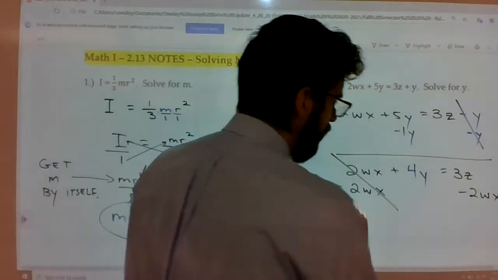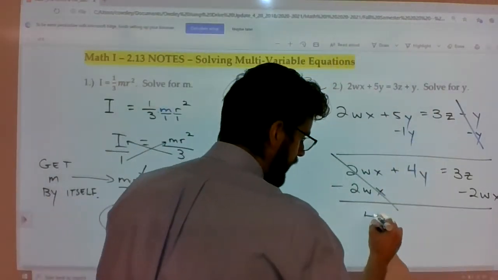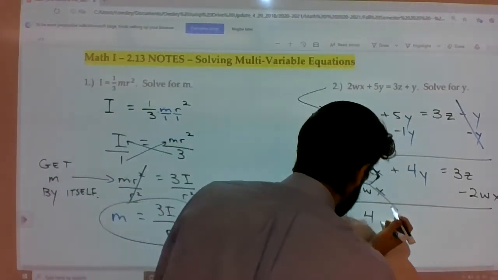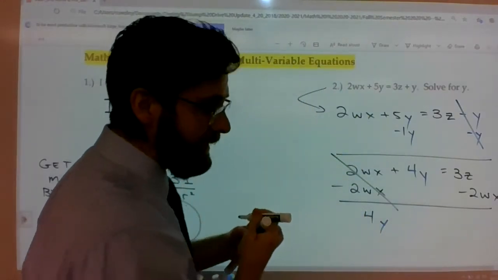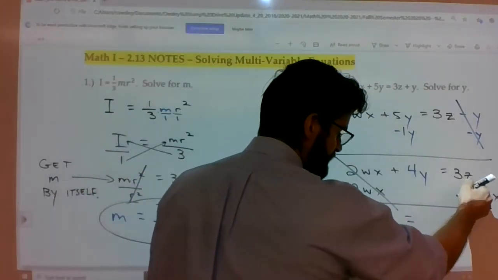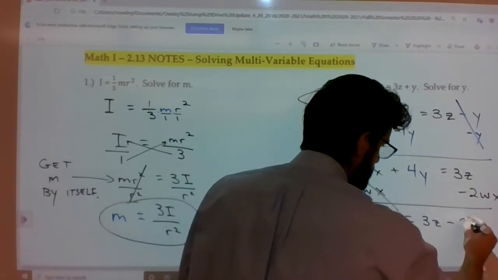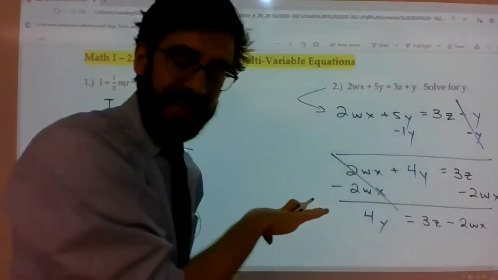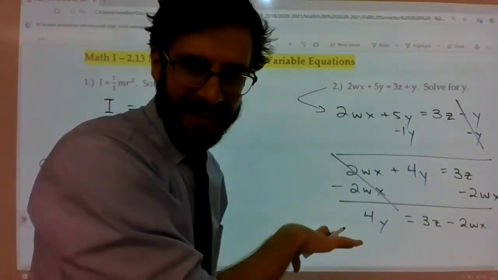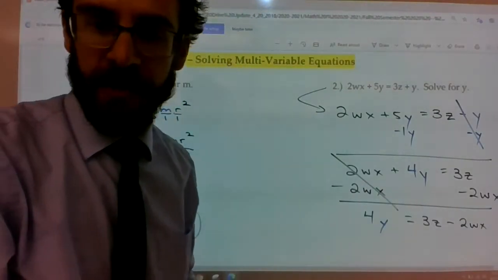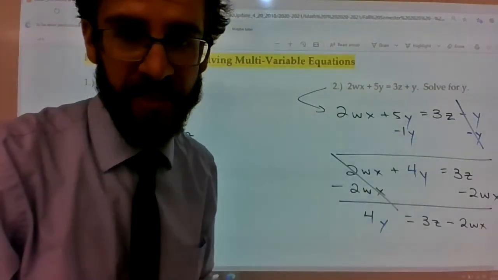I'm just going to call it 4y equals 3z minus 2wx. And I'm just going to leave that variable expression as is. It's going to be 3z minus 2wx. Can't simplify that any further.